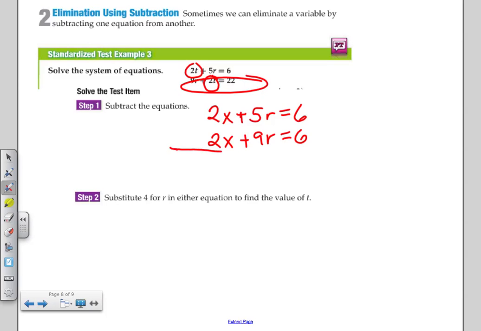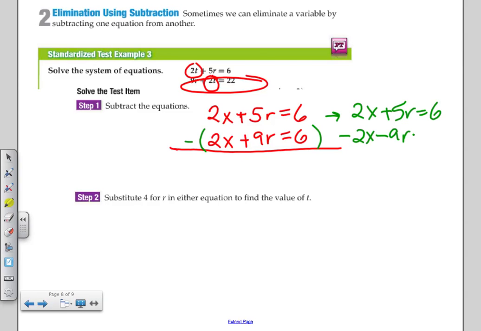And now I'm going to subtract this entire equation. So to subtract the entire equation means I'm going to subtract the 2x, I'm going to subtract the 9r, and I'm going to subtract the 22. Okay? So all of the signs change in front of each term.